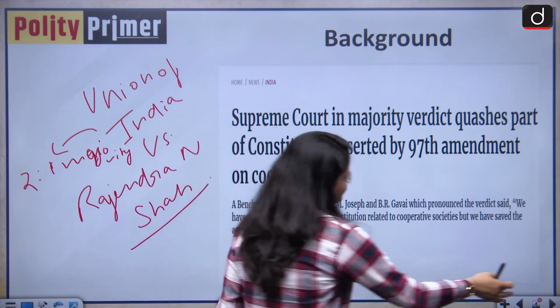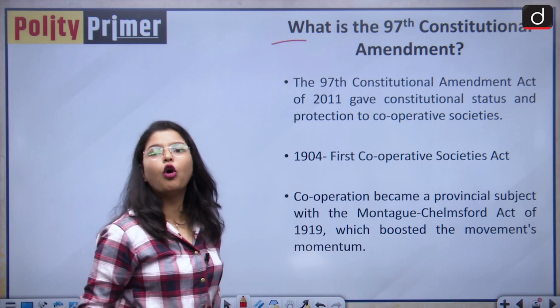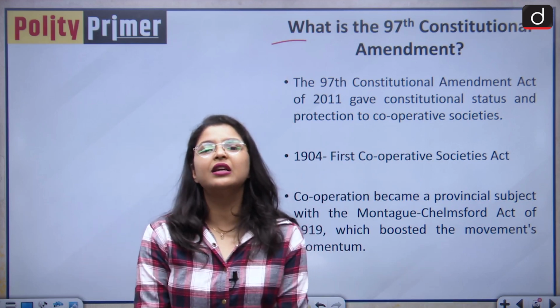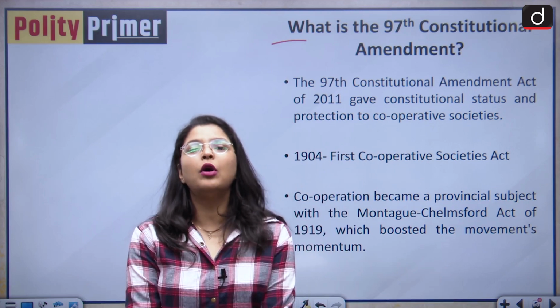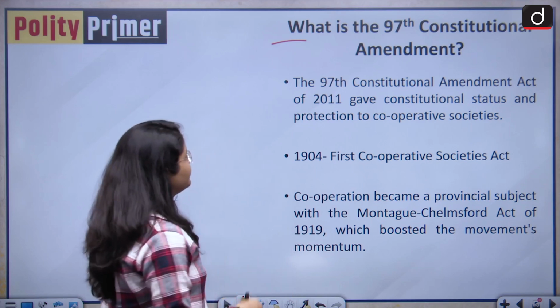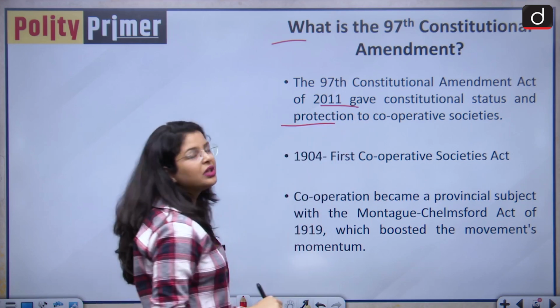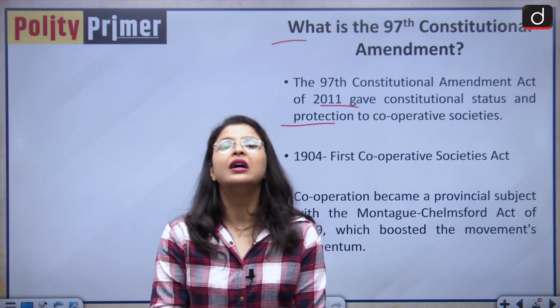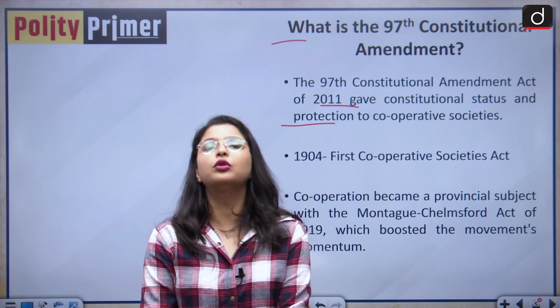Moving forward, let us discuss what the amendment was all about. So basically, as I said, the 97th Constitutional Amendment dealt with provisions related to the cooperative societies, and it gave constitutional status and protection to the cooperative societies because the United Nations declared the International Day of Cooperatives.